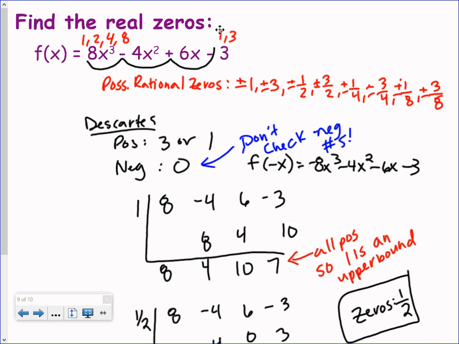So the rule says the number of positive real zeros is equal to that number of variations in signs, which is 3, or less than that by an even number. And if you think less than that by an even number, you're really thinking if you could subtract 2. So 3 minus 2 gives me 1. If you had 5 sign changes, it would be 5, 3, 1. So you always just subtract 2 as many times as you can. Good question. Anything else?